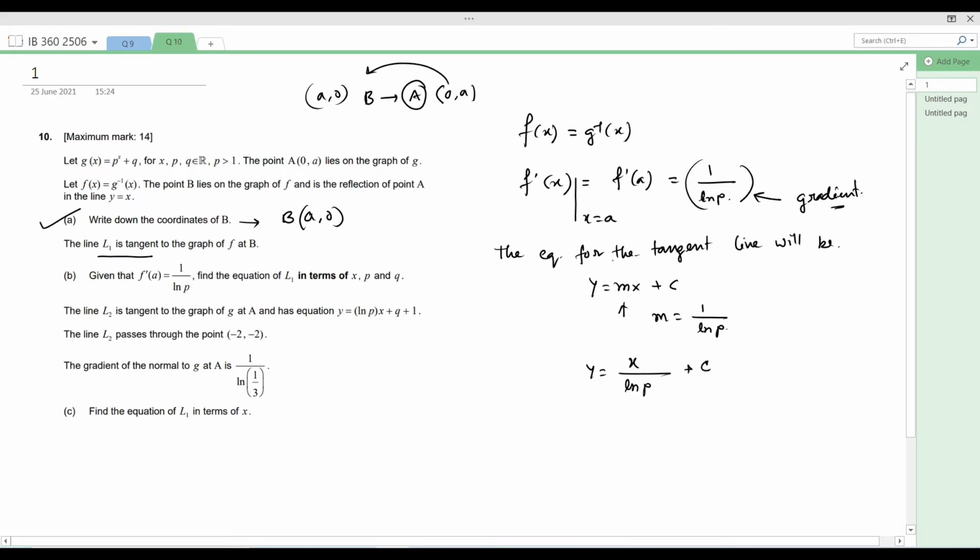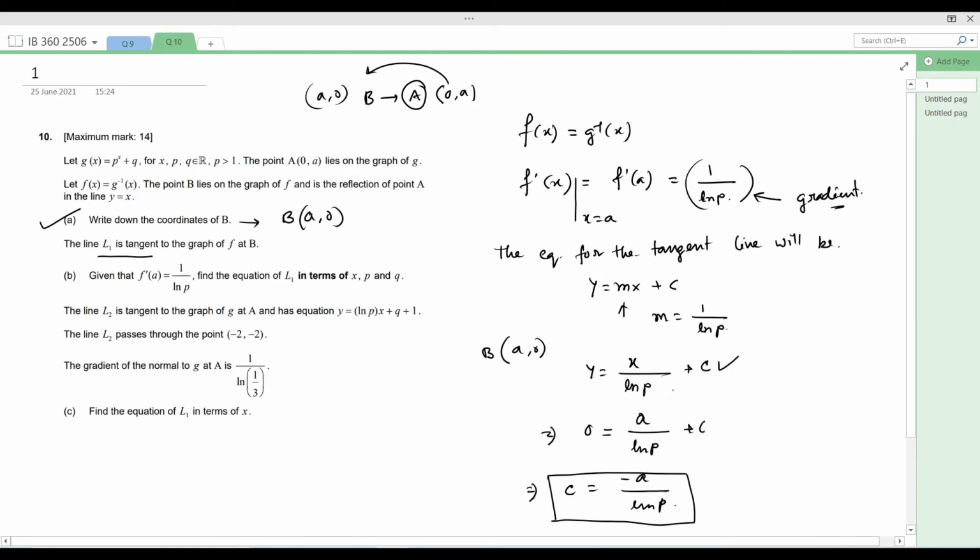This is for the point B, and the coordinates of B are (a, 0). So to find the value of c, we write 0 = a by ln p + c. So we can write c = minus a by ln p.